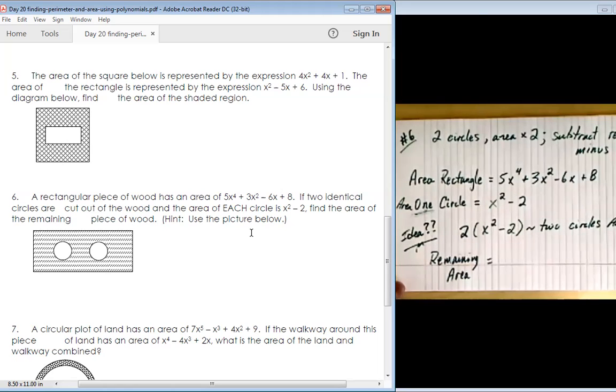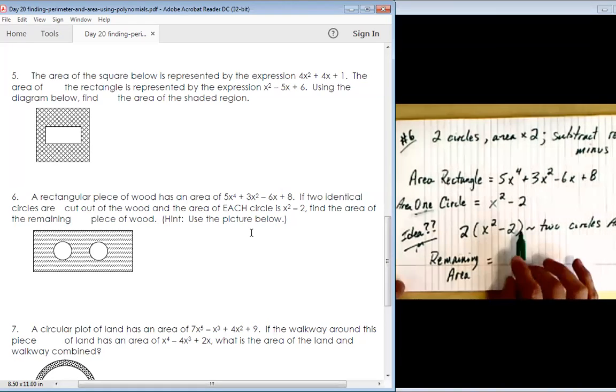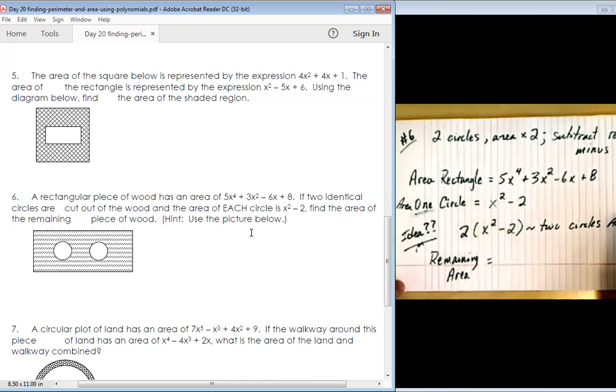And the idea for this then is to do what? Yeah, you could multiply this in. I would squeeze that over there. 2x squared minus 2 is 2x squared minus 4.